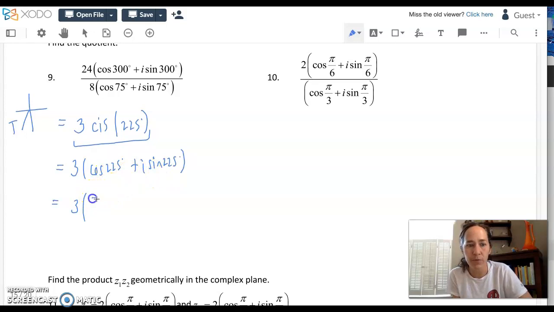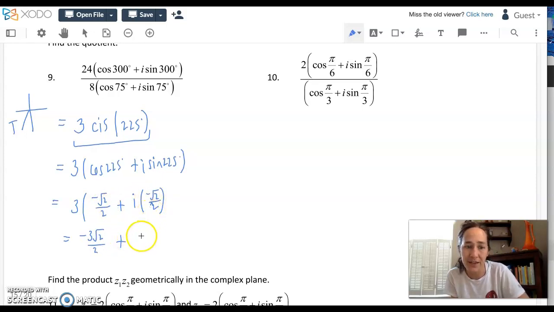You're in quadrant 3 where both the cosine and the sine are negative, square root of 2 over 2. And then I'll say plus i times the same exact value, square root of 2 over 2. Okay, and bring in the 3 to the parentheses. -3 square root of 2 over 2 if we want to keep this separate. Plus, I'll just bring everything to the top here. And maybe I should have said minus. So instead of that plus, let me change it to a minus.